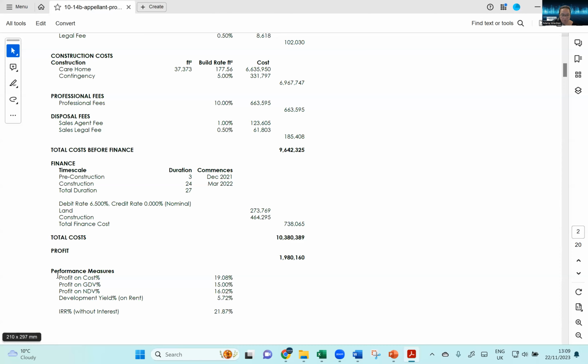For the first performance measures, profit on cost, profit on GDV, profit on NDV, and so on, you don't necessarily need a cash flow. You don't need to know when the money is coming in or going out.